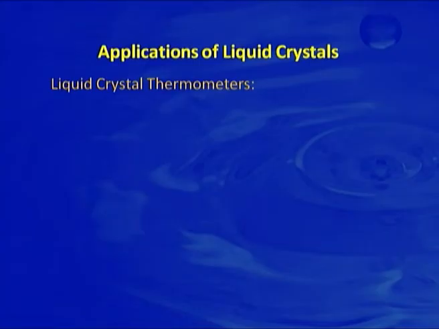Liquid crystals find wide use in liquid crystal displays, which rely on the optical properties of certain liquid crystalline molecules in the presence or absence of an electric field. Another example is the liquid crystal thermometer.